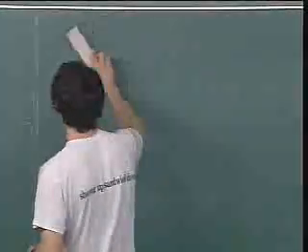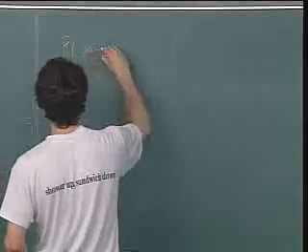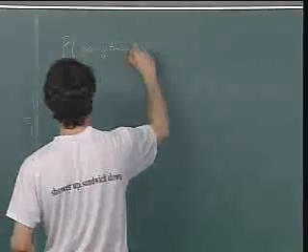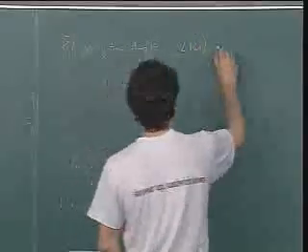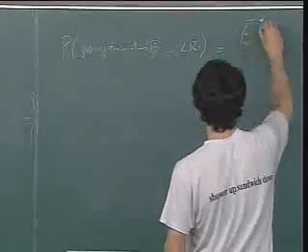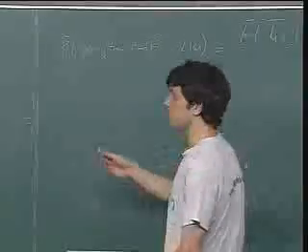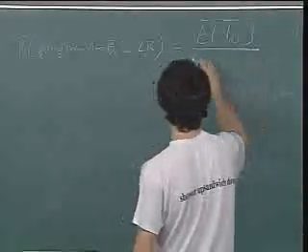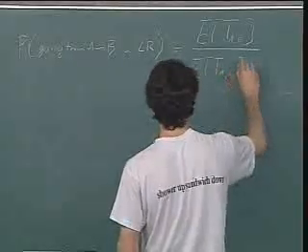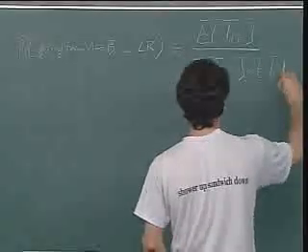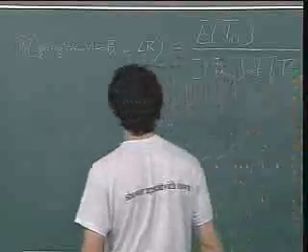So the probability of going from A to B in the long run is just the expected time we spend going from A to B during a typical cycle, divided by the length of the cycle, which would just be the sum of the two expected times. Okay.